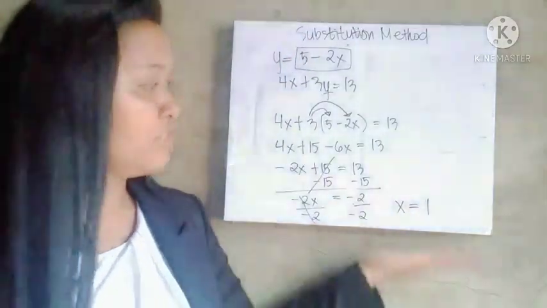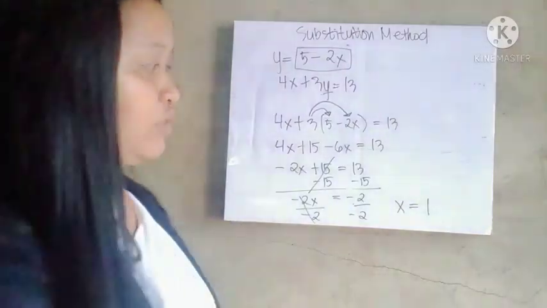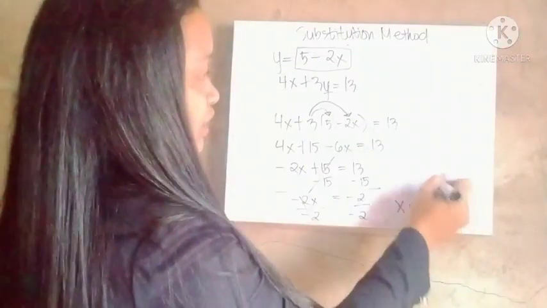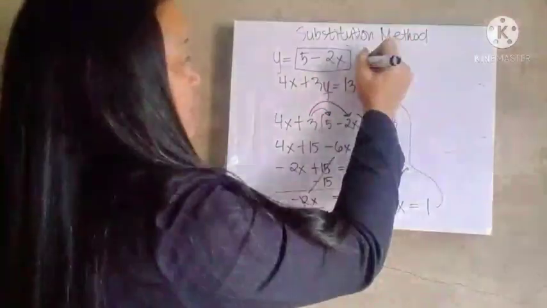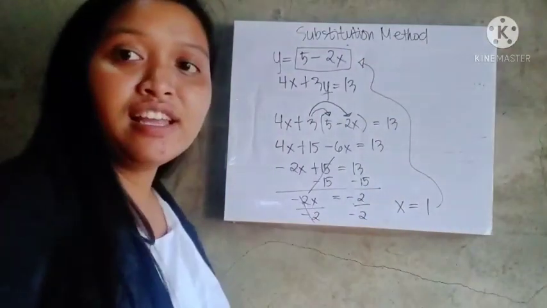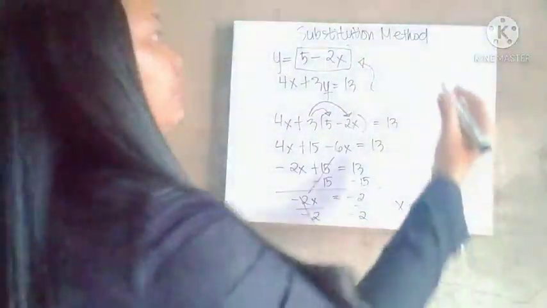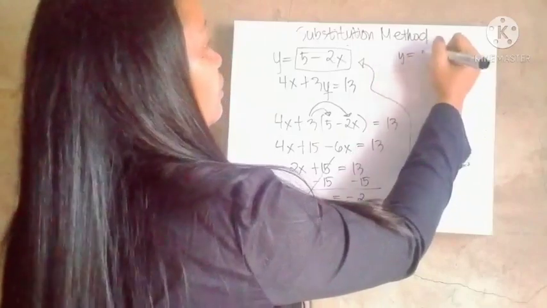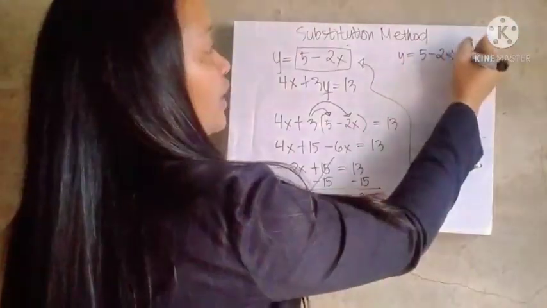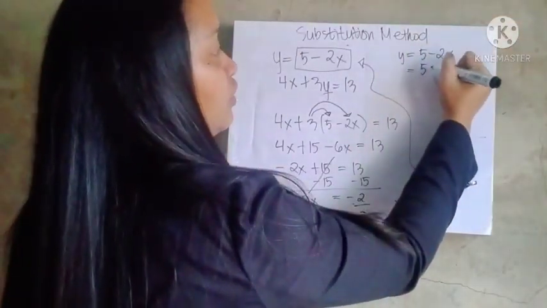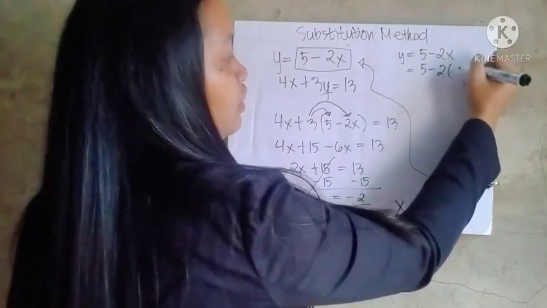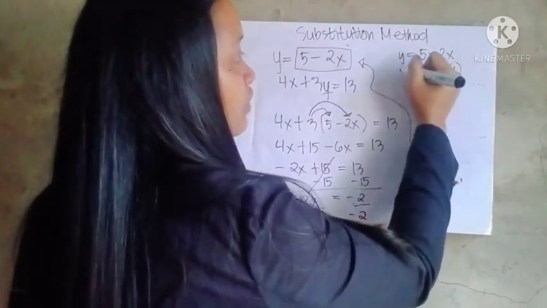Since you have the value of your x, you just need to plug this into the first equation to find the value of your y. So y is equal to 5 minus 2x. Substitute x: 2 times 1.